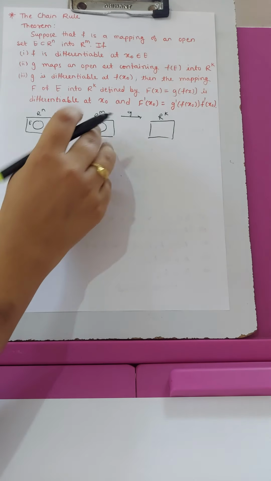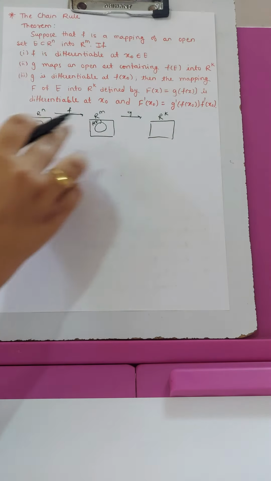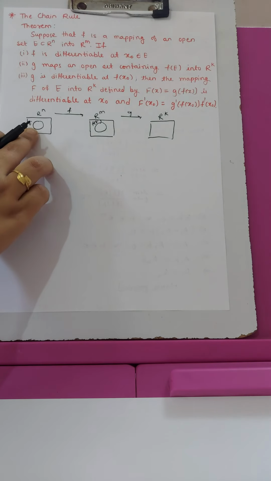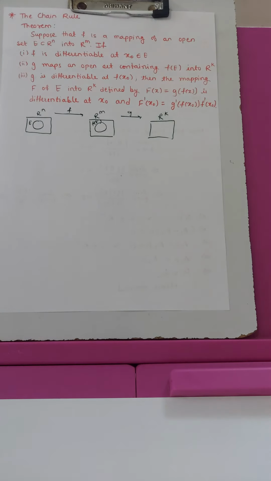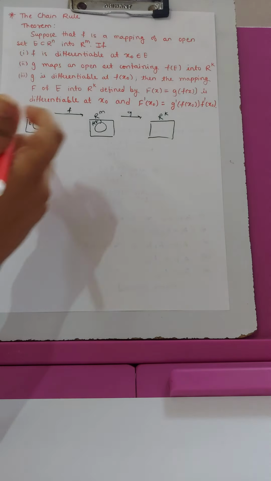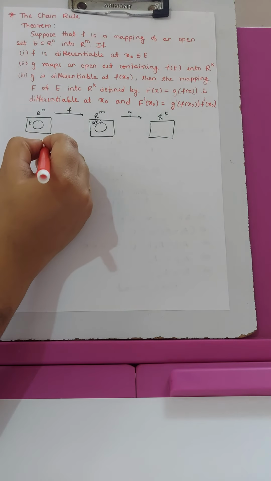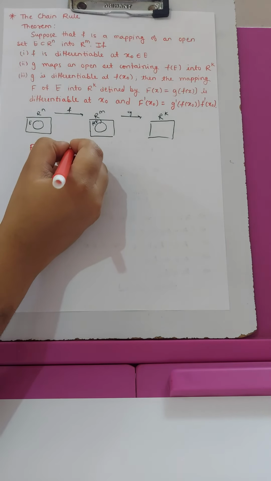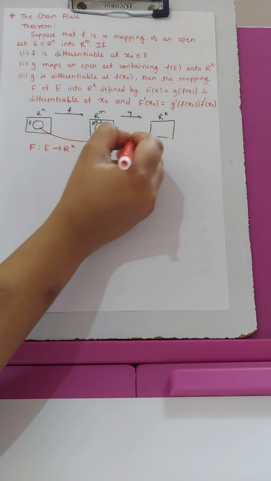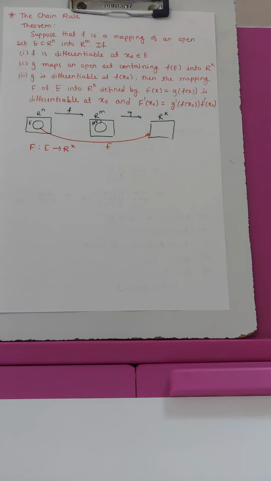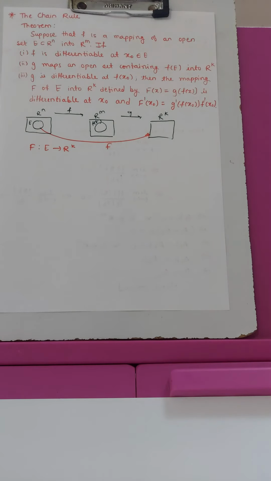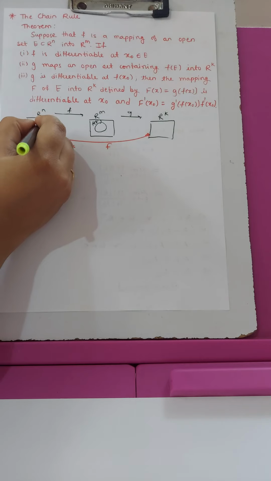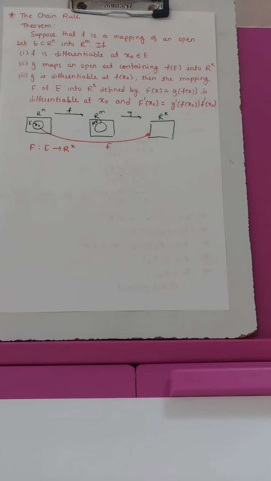This mapping is g. g is from f of E to Rk, and f is a mapping from open set E to Rm, and this mapping F is from E to Rk, and we have to prove that this mapping is differentiable at x0, and x0 belongs to E.